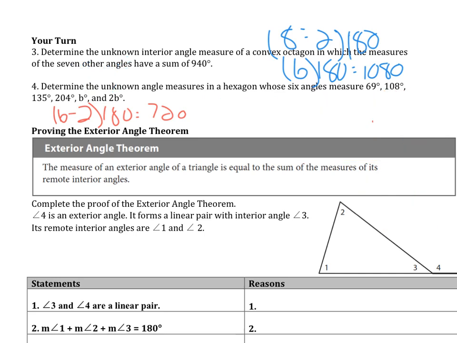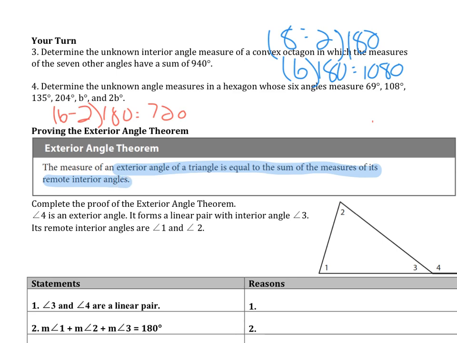All right, let's jump down to the exterior angle theorem. Now, we're not going to prove it, but what I want us to understand is that the exterior angle of a triangle is equal to the sum of the measures of the remote interior angles.